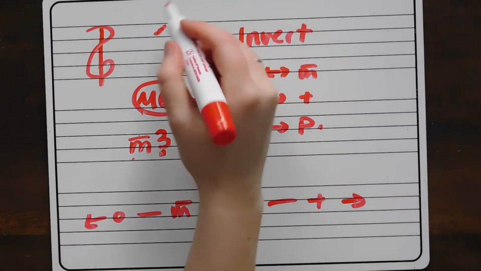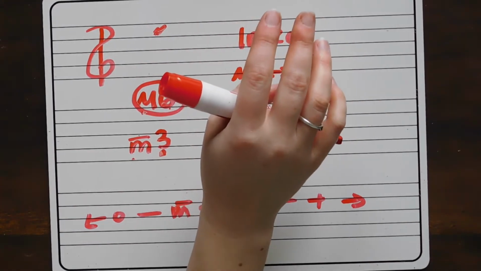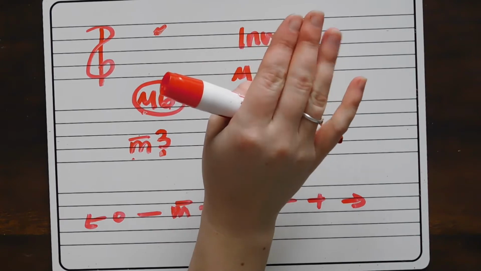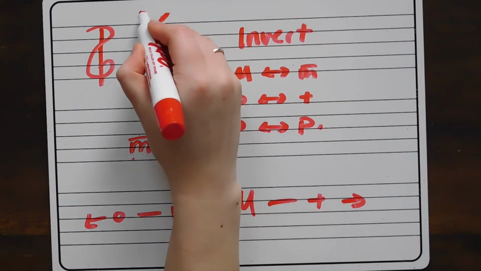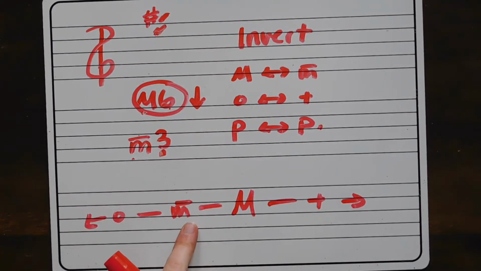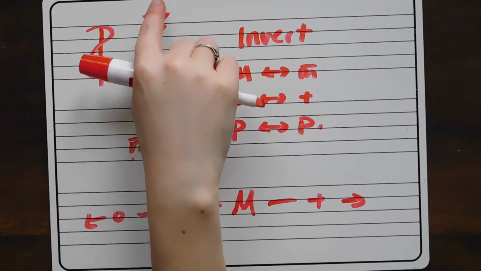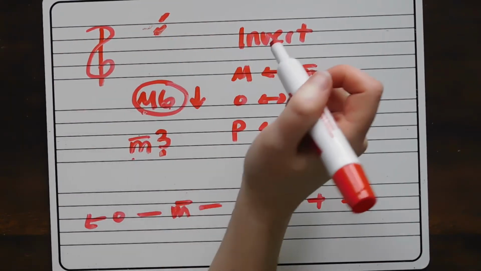So let's first find major. E has 4 sharps, right? F, C, G, and D. So here's our third, 1, 2, 3. G sharp is included. That's a major third. We want minor. We want to go down a half step. So actually we're going to make that sharp a natural. So E to G natural is your minor third.